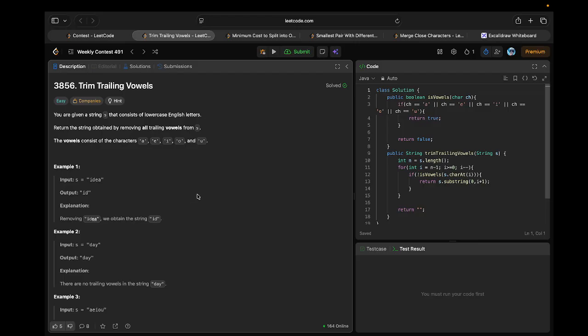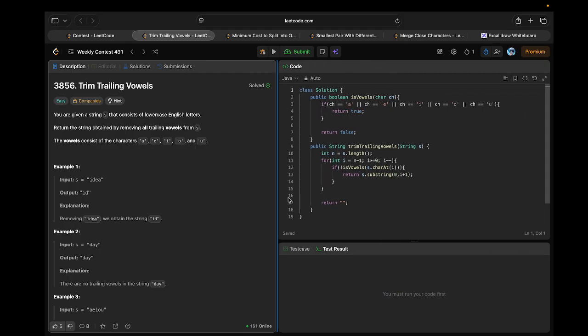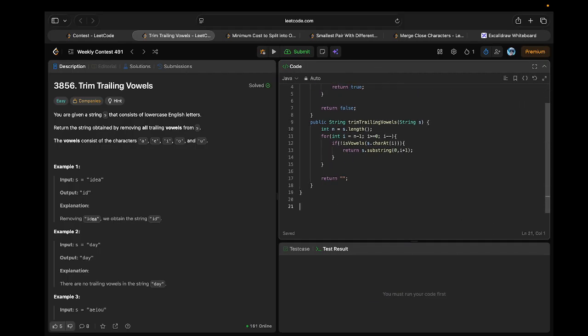So what you have to do, I don't think you need a lot of explanation for it. You just need to iterate and find the index where the current character is not a vowel. If it is, then from the starting till that index you just have to return, right? So what I'm saying is, if "aed" is a string, right?